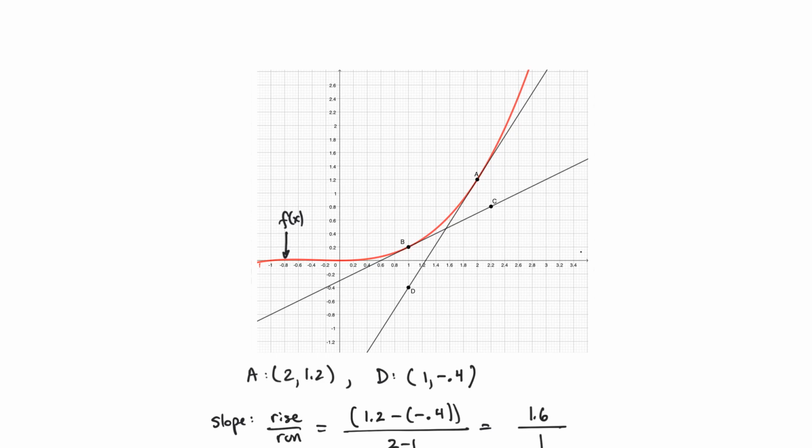B's x-coordinate is 1, and the y-coordinate is 0.2. And then over here at C, its x-coordinate is 2.2, and its y-coordinate is 0.8. So use those numbers as you go through it.